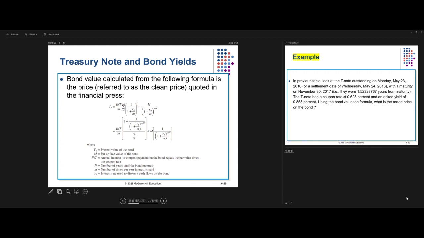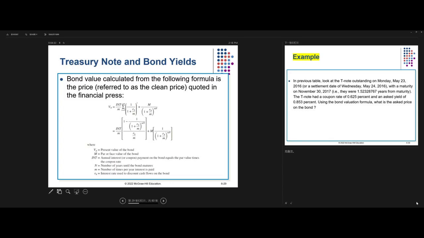So first, let's review what we have learned before: how to do a bond valuation. This is the equation for the bond valuation. Again, this is not very practical because we're not going to use the equation to calculate the fair price of a bond, but this is just for you to understand the logic behind it.